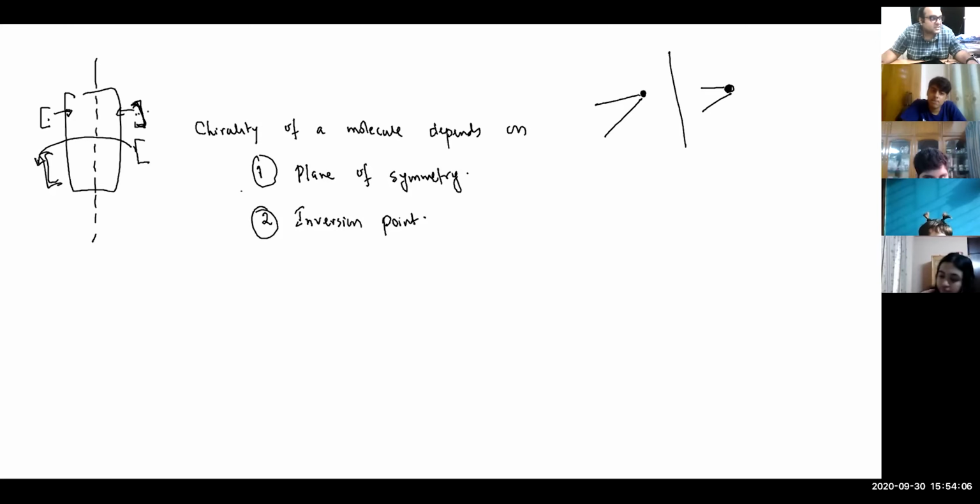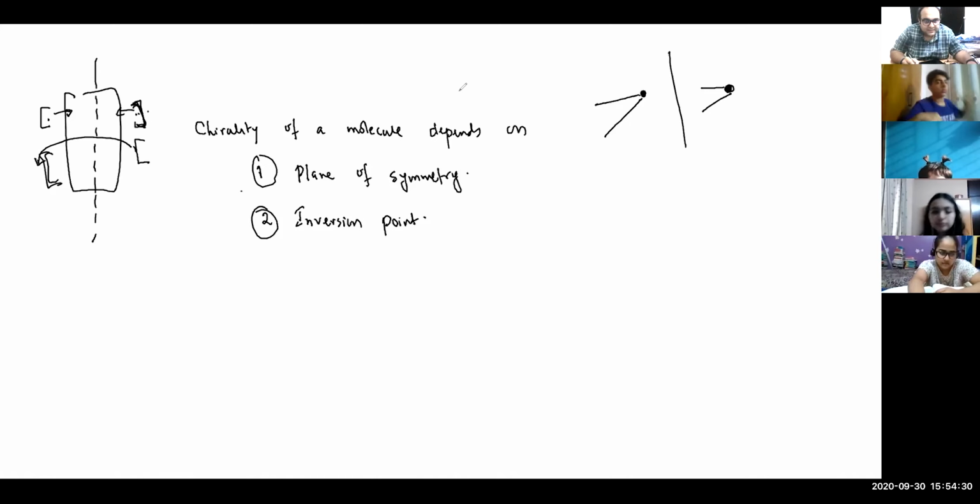But inversion point is not what you need. What you need is plane of symmetry. Let me explain plane of symmetry simply: just imagine this table, forget about chair number 1 and chair number 2. If you try to bisect it into equal halves, this is the left hand side and this is the right hand side.